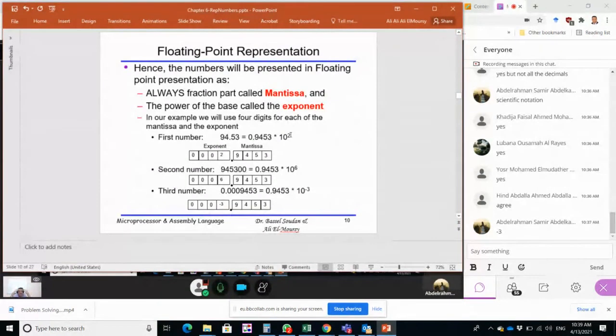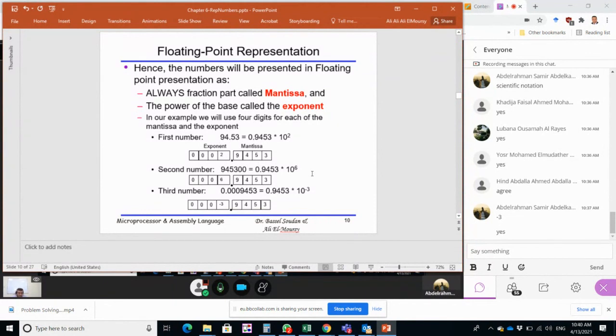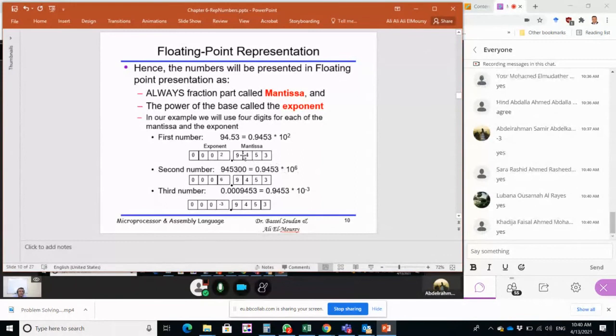At the end of the day, I am looking for the value of the number. From this representation, can you retrieve the original number ولا لا? Can you retrieve the original number or not? You can. You know that the digits of the number are fractional.